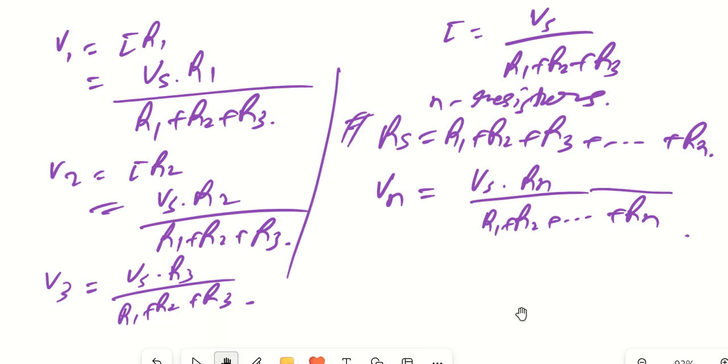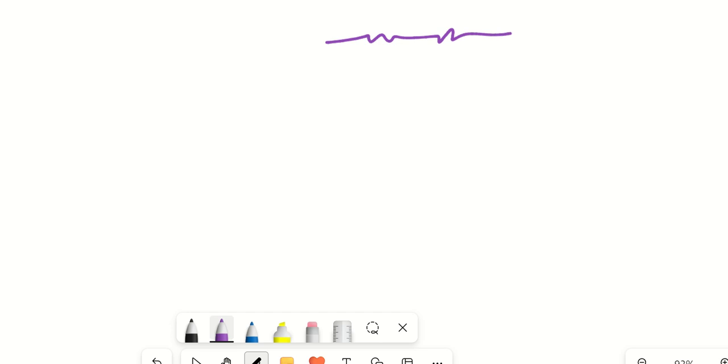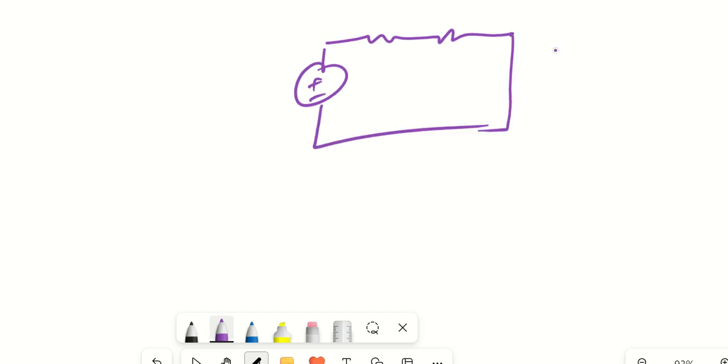Let us take a very simple question and we will try to figure out how it happens. Let us say we have a resistor combination like this, two resistors. We have a voltage source of 12 volt, and then we have 3 kilo ohm and let us say 9 kilo ohm.